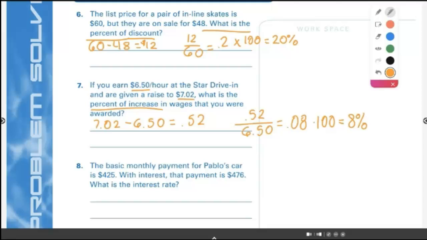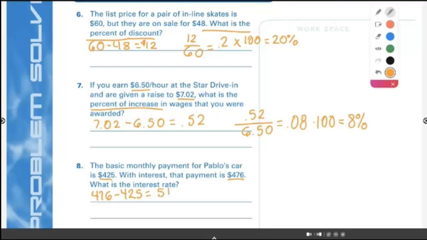All right, number 8 is pretty much the same way. So the monthly payment for Pablo's car is $425. With the interest, that payment is $476. What is the interest rate? First, I want to find the difference of these two. What is 476 minus 425? 51.